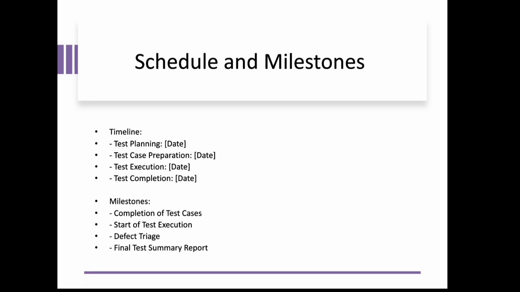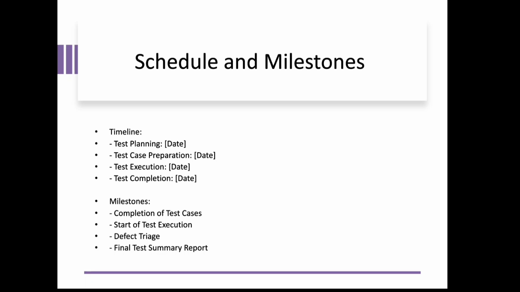For each and every timeline we need to have a proper date. Without a date we cannot proceed further, because without a date we cannot track it. We cannot brainstorm on what we missed previously. For that we need the date.